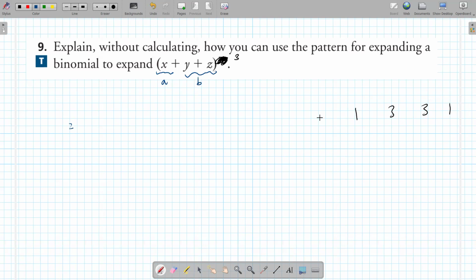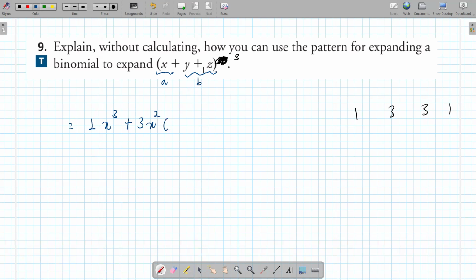So again, start with your first coefficient, 1. Then you take your first term, x to the maximum power, plus your coefficient. Now your first term drops by 1, the power. What's going to be your second term here? Y to the power of 1.